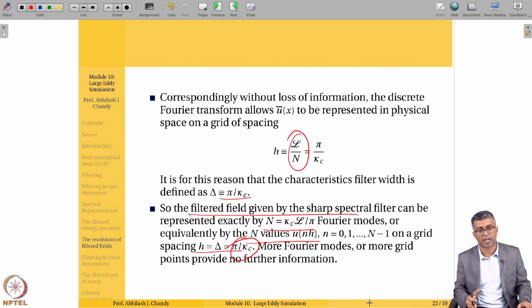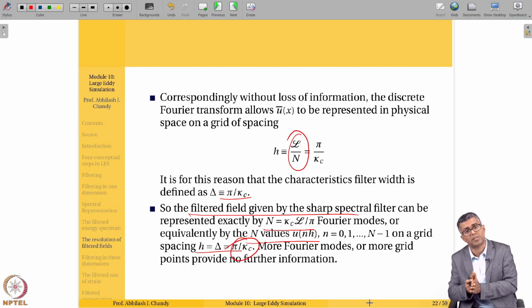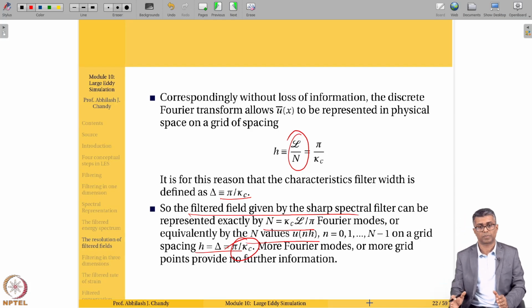That's like saying if your filter width is delta in physical space, having h less than that doesn't make sense. You are wasting computing resources. You should not have it greater than delta, that is for sure. h should be equal to delta or technically less than delta. But it doesn't make sense to have it less than delta because you're resolving only until delta, only until kappa c. So anything beyond kappa c is just wasted resources. So I hope that is clear.